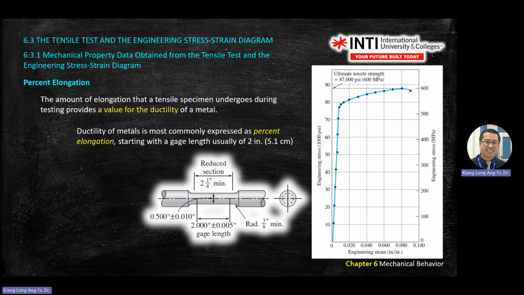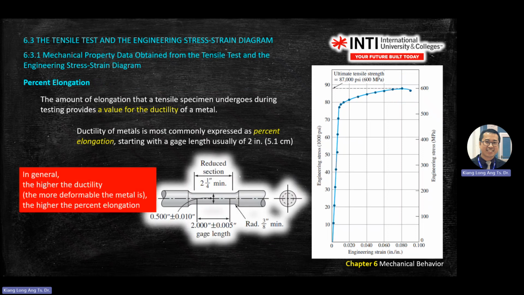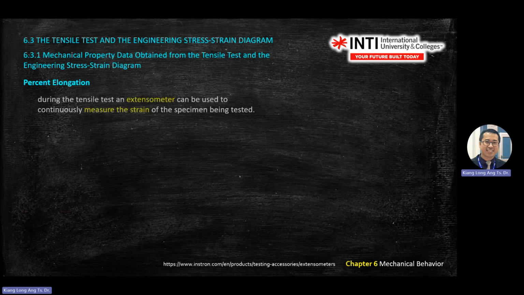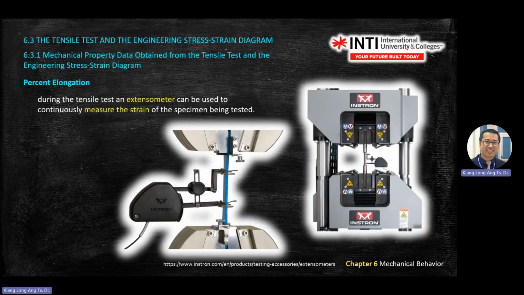Percentage of elongation, you just calculate from the calculation. And this is a tensile machine. You have a device clamped to that sample. This device is called an extensometer.